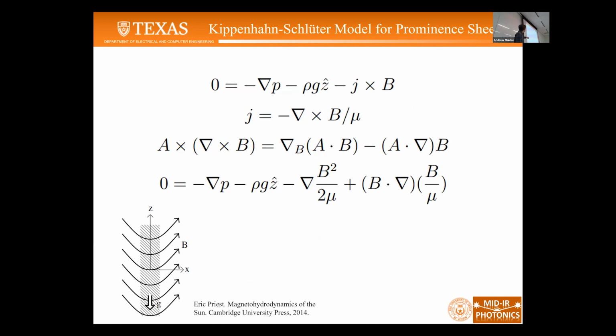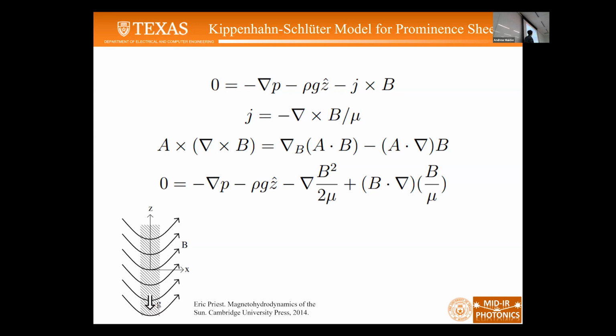So if you take another hydrodynamic equation of motion, assuming that you're in equilibrium, so there's actually no motion, so you set it equal to 0, we have the same terms that we had before of hydrostatic pressure and the Lorentz force, but now we're including a gravitational force in there. And then you also combine that with an expression for the current density and this vector identity.